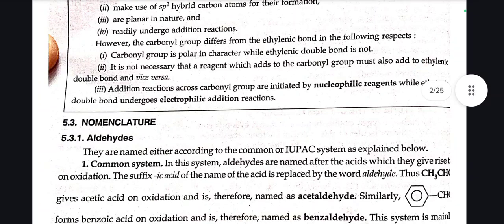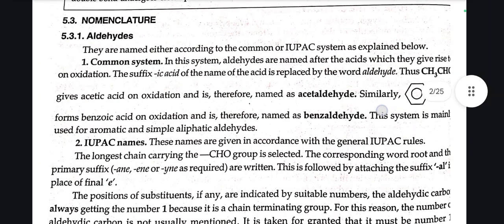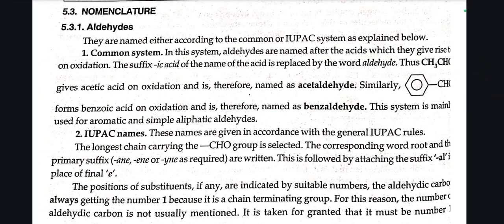Nomenclature of aldehydes. They are named either according to the common or IUPAC system, as explained. First, the common system. In this system, the aldehydes are named after the acids which they give rise to on oxidation. The suffix "ic acid" of the name of the acid is replaced by the word aldehyde.